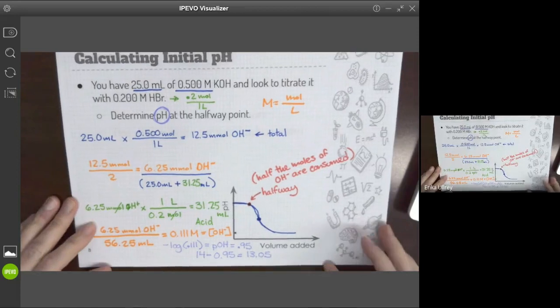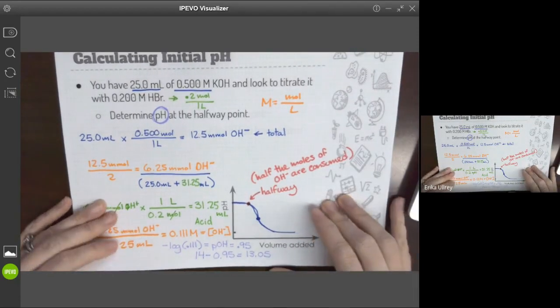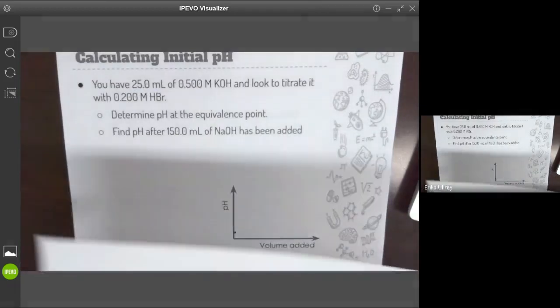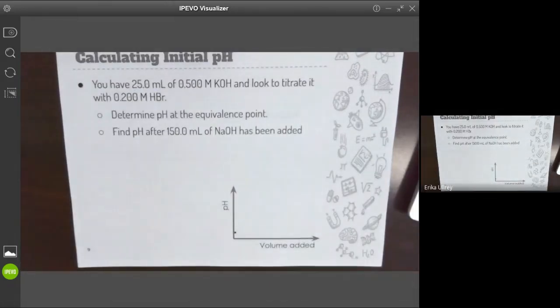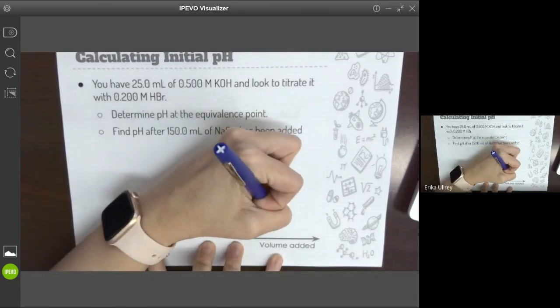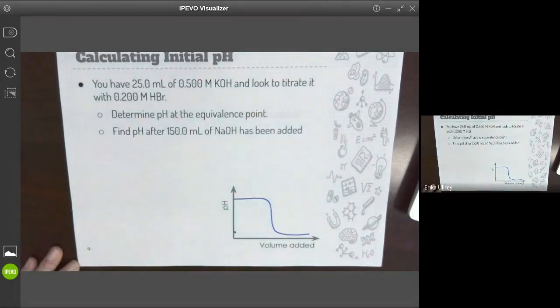So the next one, you guys are going to like the next one. What is my pH at the equivalence point? So if I look at my line, it creeps along and then we get this dip. That's a much better drawing of this thing. Okay, so we get our dip here.